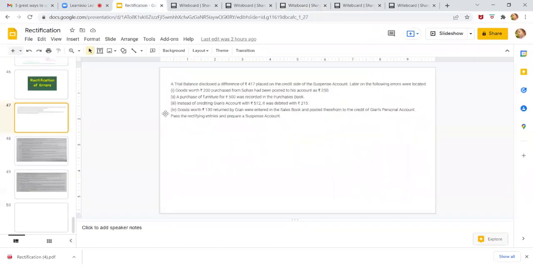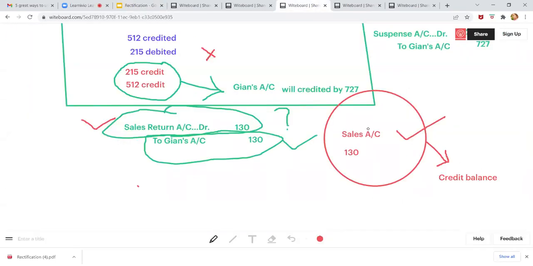As here it is mentioned that goods worth rupees 130 returned by Jian were entered in the sales book, right? So there is a mistake in sales account as well as in sales return account. Why? Because 130 rupees is written in sales account, but 130 rupees has to be written in sales return account. But it was not written in this account, it was posted in sales account, right? So this is the error.